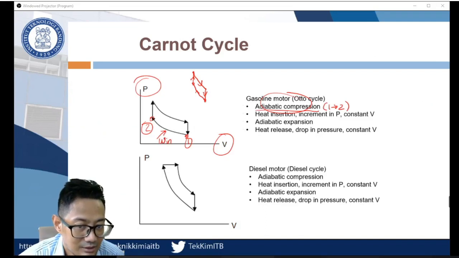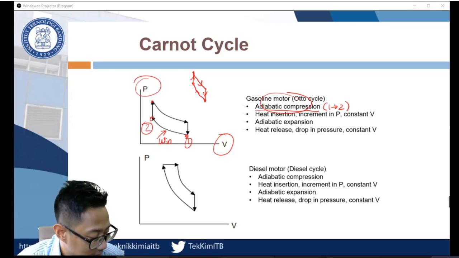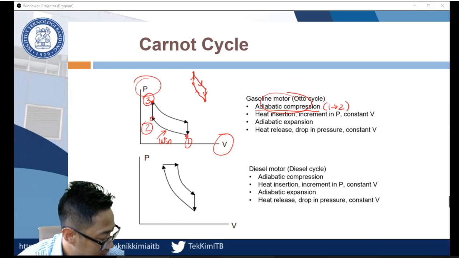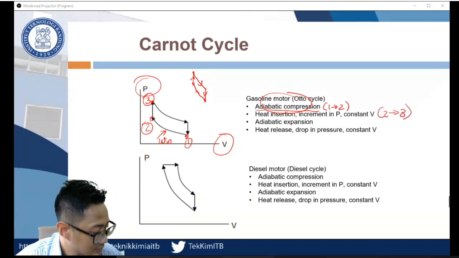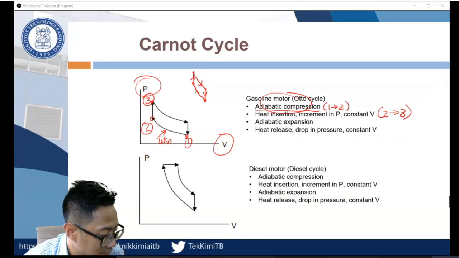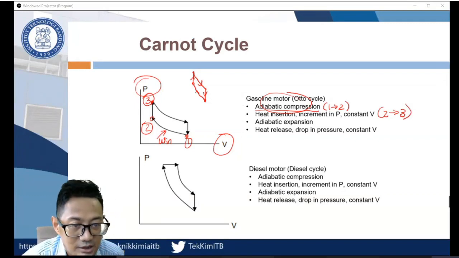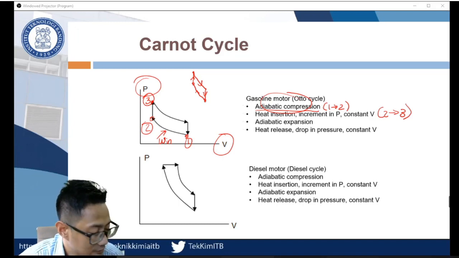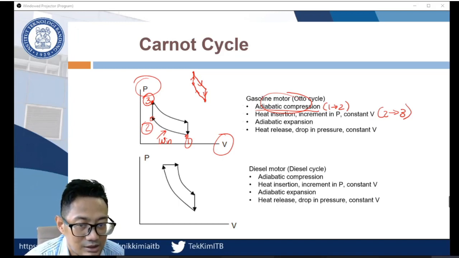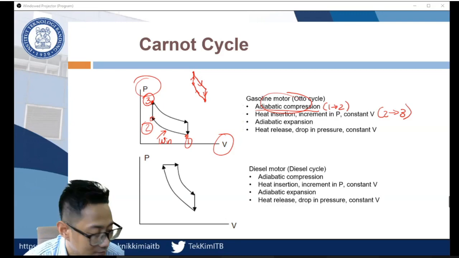Okay, now let's try the second one, from point 2 to point 3. Heat insertion, increment in pressure, constant volume. What is the status in this case? Heat in, heat out, or work out? You can see from here, right?